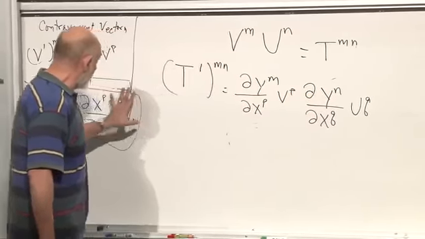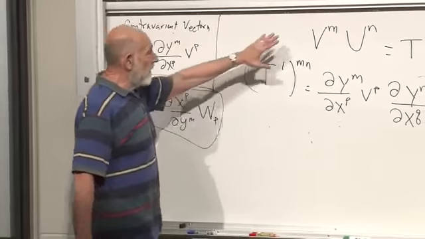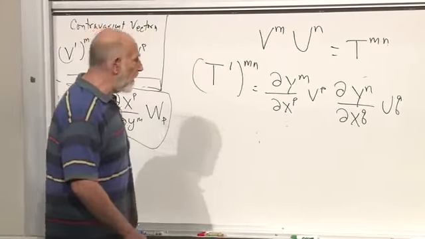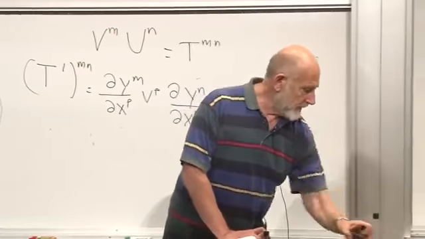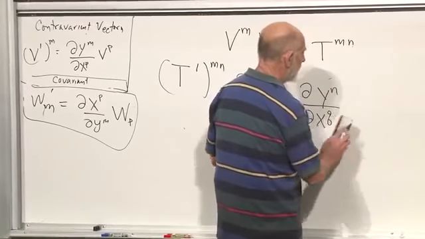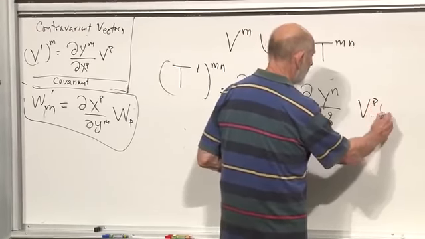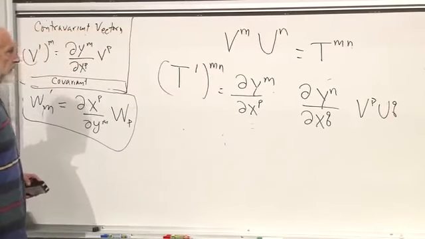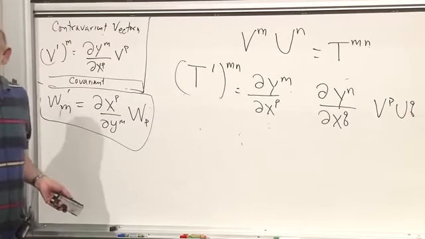So I've just done the same operation on the separate components. But now I can just take this apart, put this V^P over here, and what is this object? What's V^P U^Q? It's just T^{PQ} in the unprimed frame.